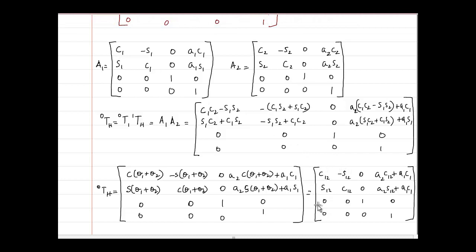The first 3 by 3 matrix that we are having here will tell us exactly what the orientation is going to be, and the last column is going to give us the position, and as you can see, the position is basically dependent on a1 a2 and theta 1 and theta 2, similarly the orientation. So this is the forward kinematic equation, and that finishes the problem.